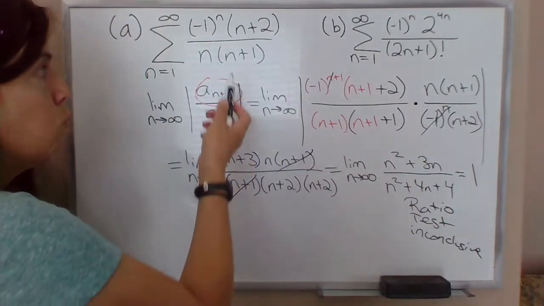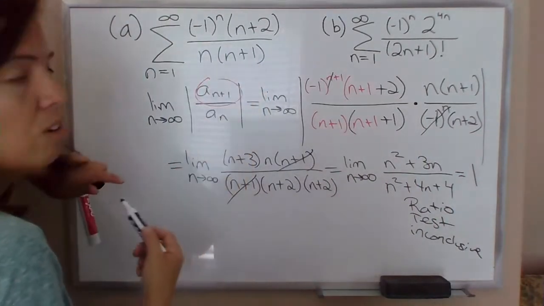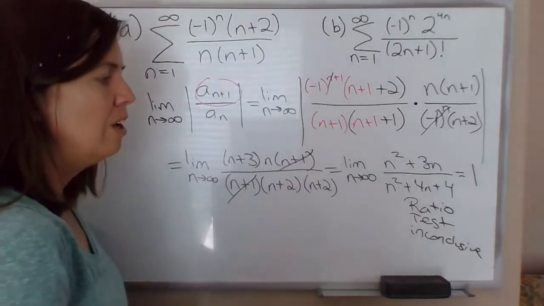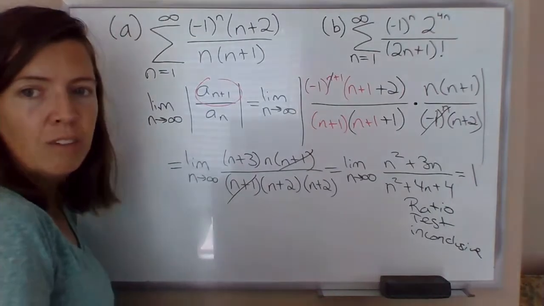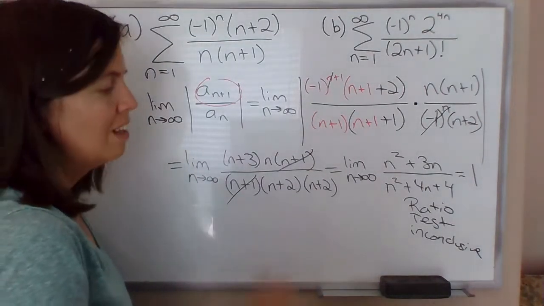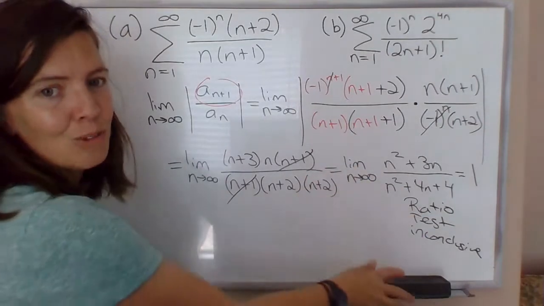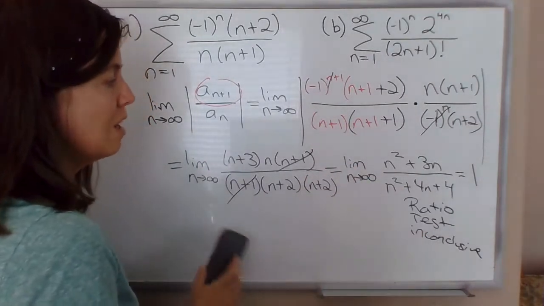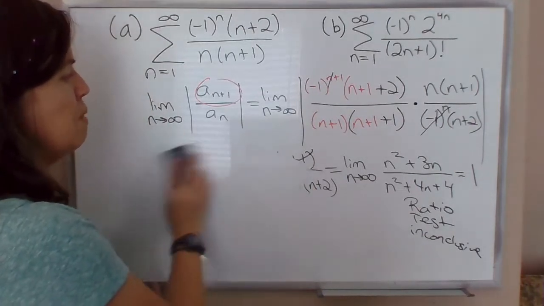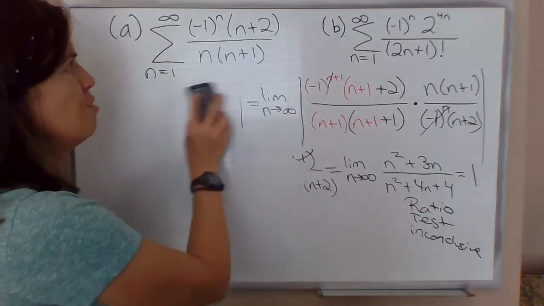You don't want to use ratio test for a series of this form, a rational expression, polynomial over polynomial, because typically it's going to give you a limit that's 1, so it's inconclusive. It was a waste of time. Not a waste of time. I wanted to show you what it looks like when you run into this inconclusive scenario. But okay, so we have to go back to the drawing board and think of a different test.